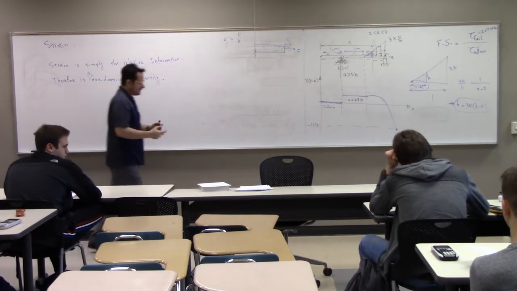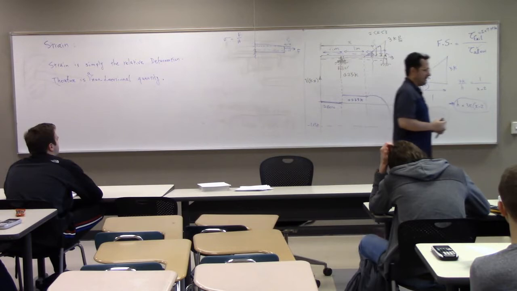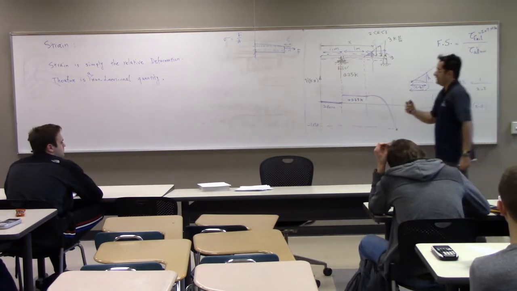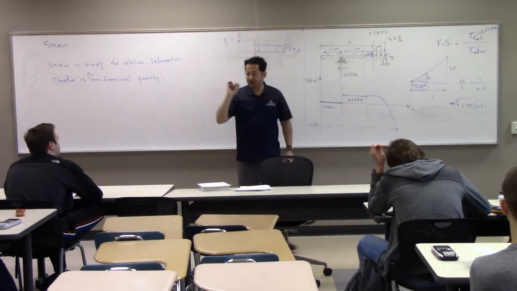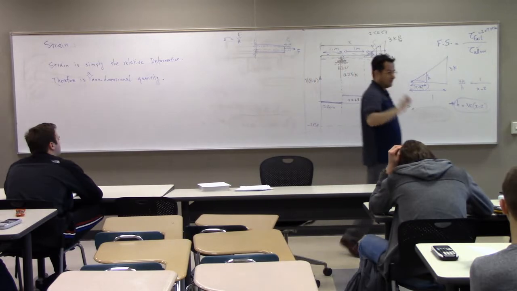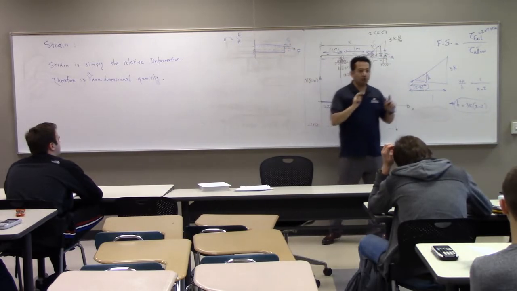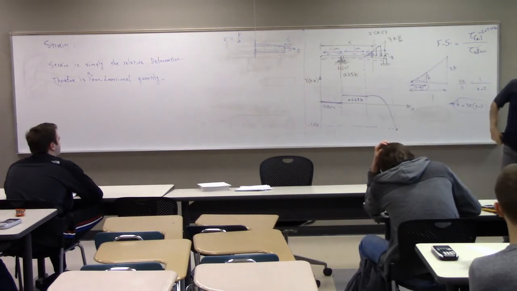So it turns out that in mechanical material, the scientists realized that there is a relation between the amount of force and consequently the stress, and this deformation. And in order to quantify that relationship, you need to define another parameter.